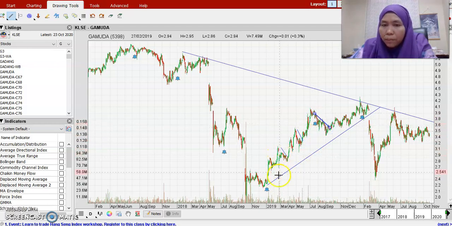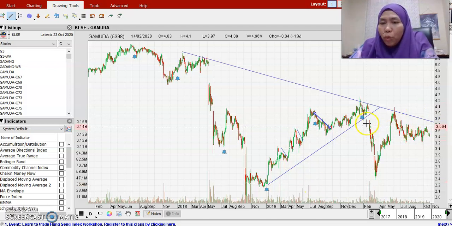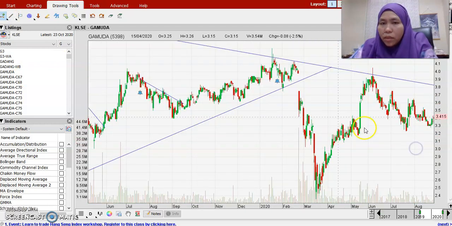As you can see, this is the intermediate uptrend, but for the short term, in between the time frame, it makes a few corrections and creates the short term trend. At this point of time, let's focus, the price has broken the uptrend line.